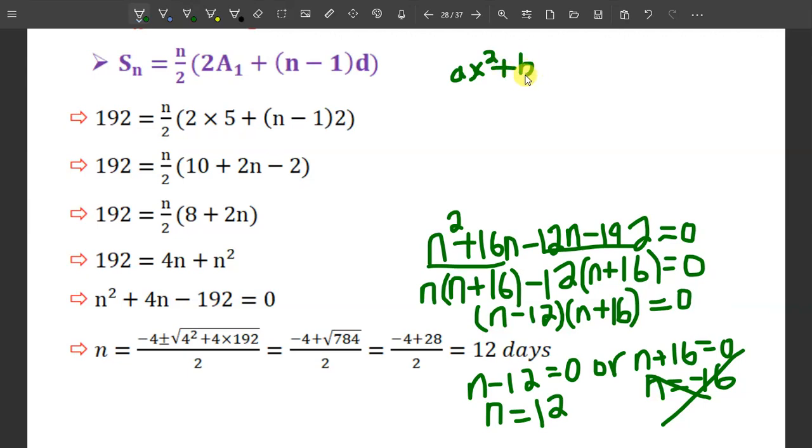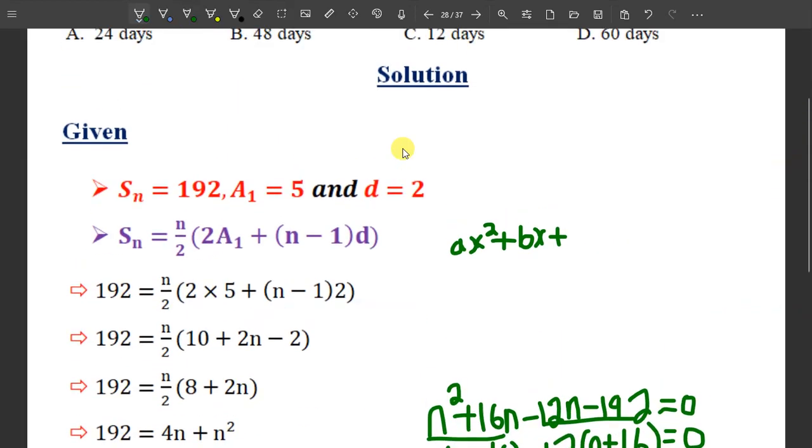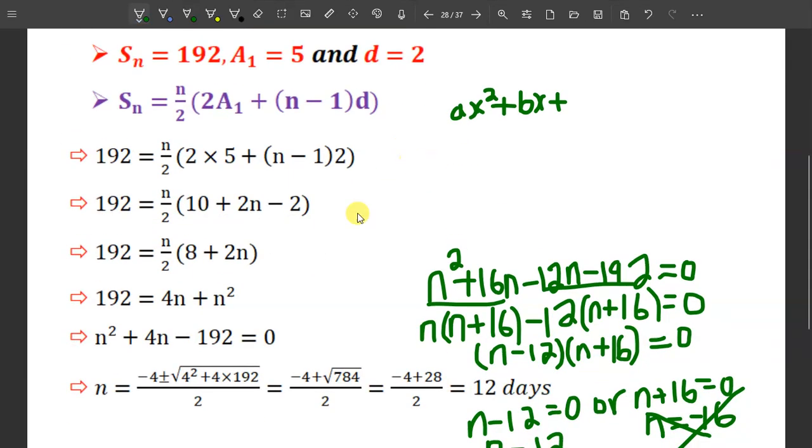I show you this because I have seen very talented students who know how to solve such applications, but they miss the last step, how to solve the quadratic.